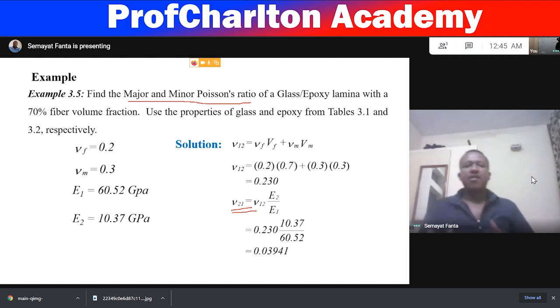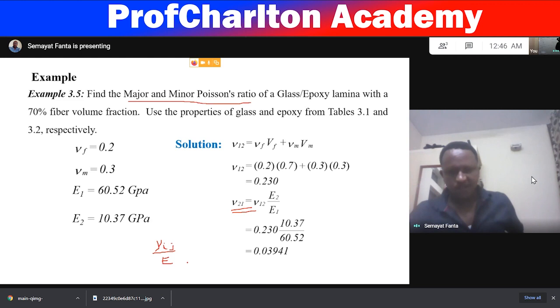Poisson ratio. How can we relate it? We have this type of relation, mu of ij over E of i is equal to mu of ji over E of j.